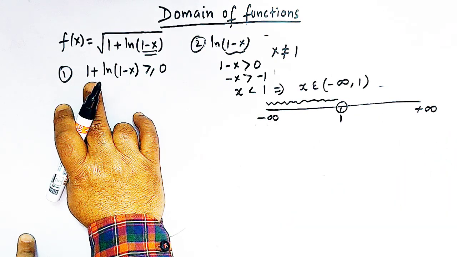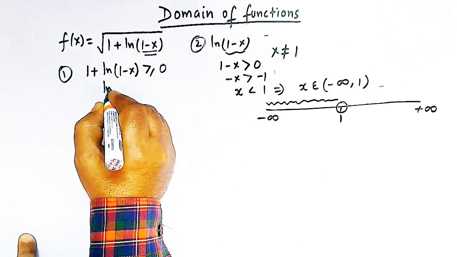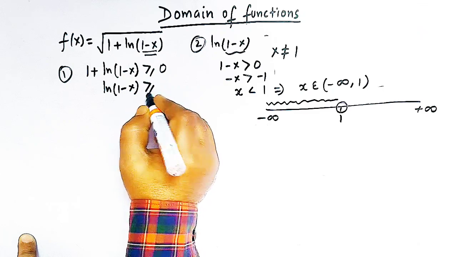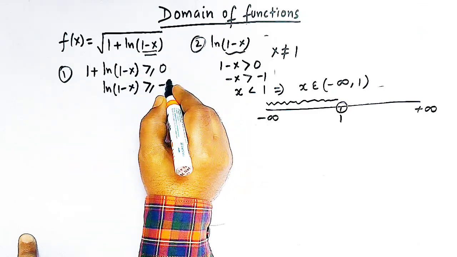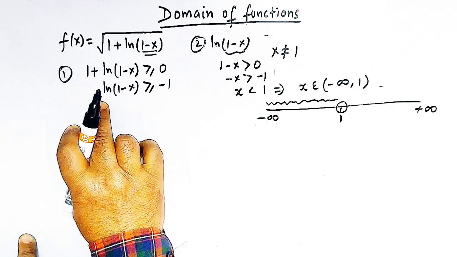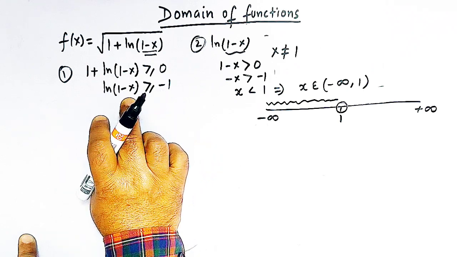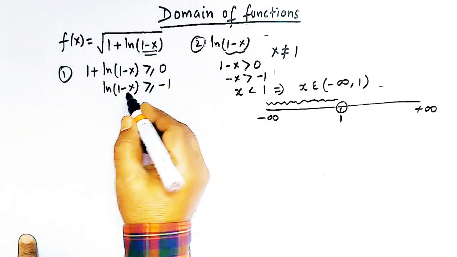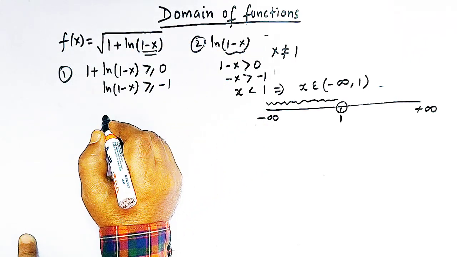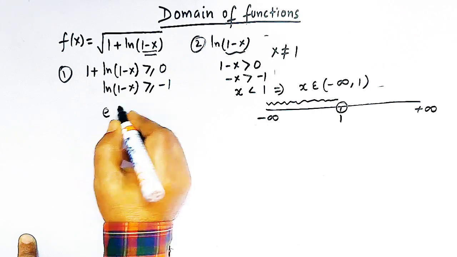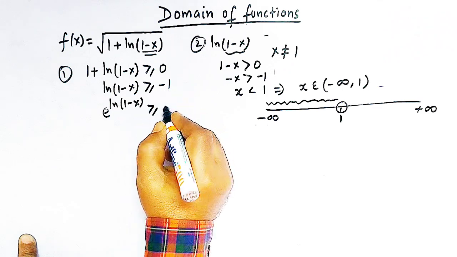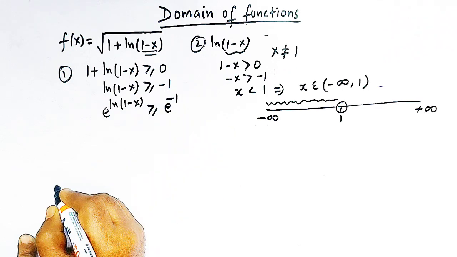Now let us solve this inequality. We can write natural log of 1 minus x is greater than or equal to minus 1. In order to solve this inequality for x, we raise these two quantities to the power of e, that is, e raised to natural log of 1 minus x and e raised to minus 1.